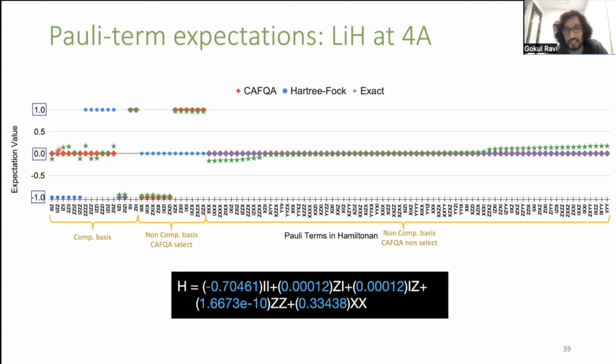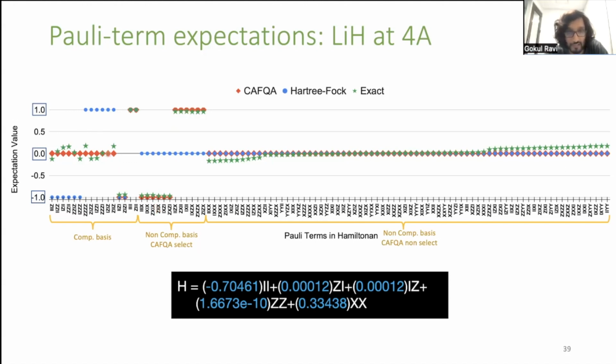So you can see that they are able to take any continuous value from -1 to 1. You can see that the CAFQA approach either produces zeros, ones, or -1s, and this is basically an inherent property of these stabilizer states.